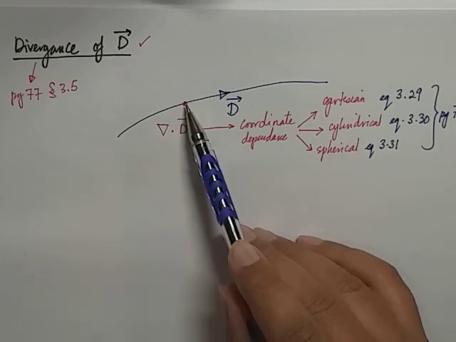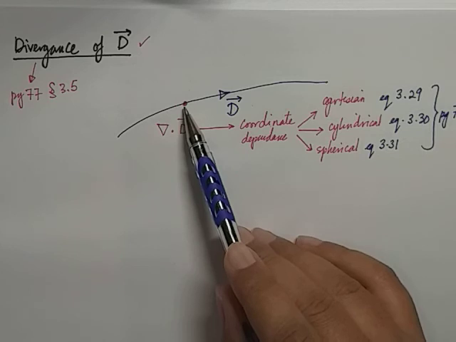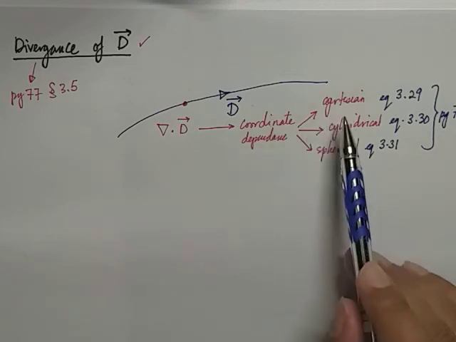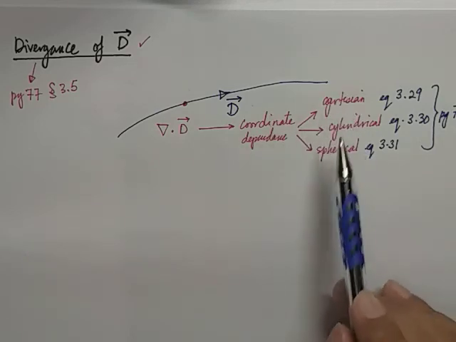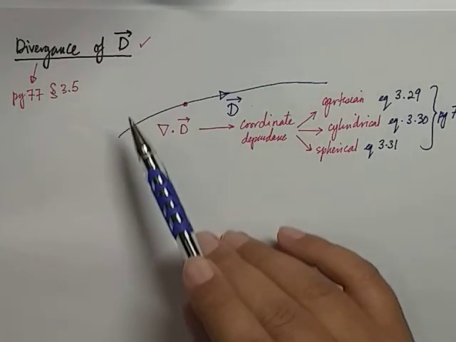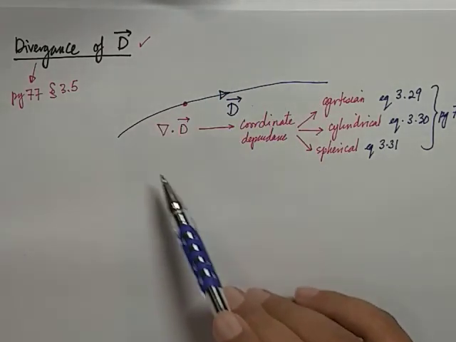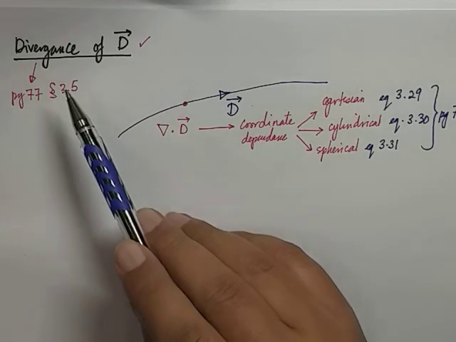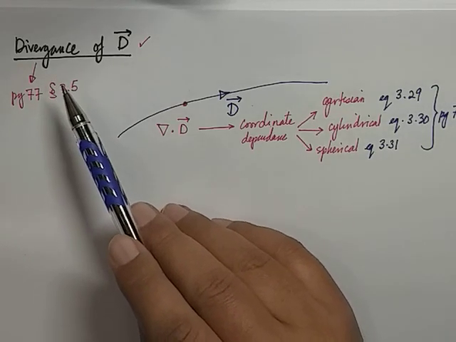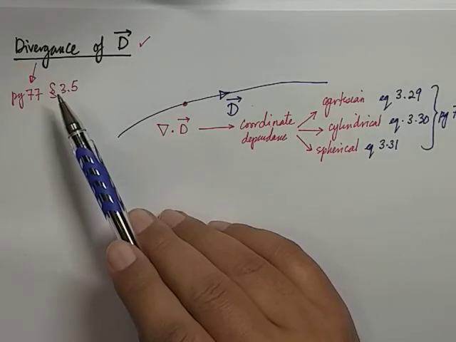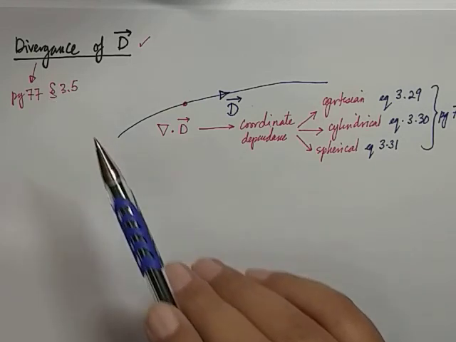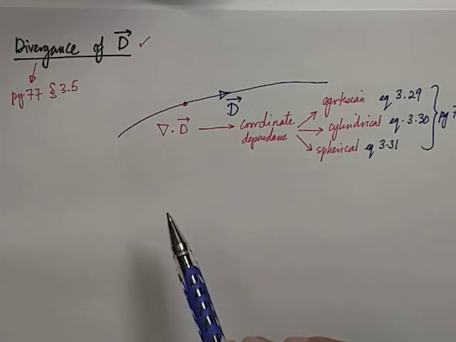That task needs to be implemented by referring to the set of equations based on the various coordinate systems. That's the idea of divergence that we need to know for our EMT subject. We're not going to derive it, because that should be done already in your engineering mathematics subject. But at this stage, we're going to use it.